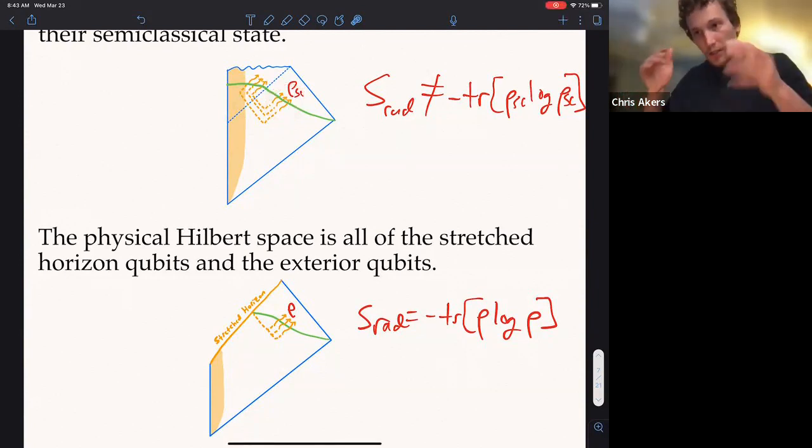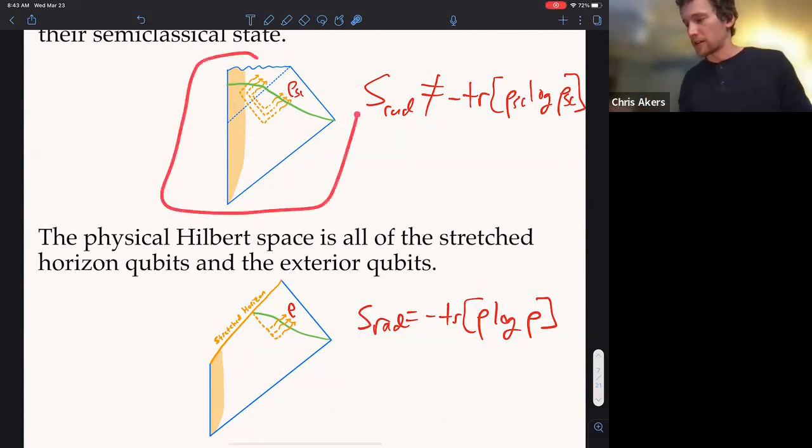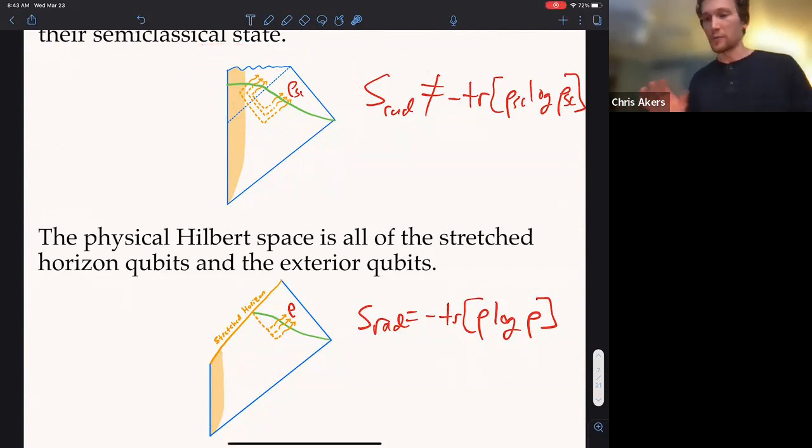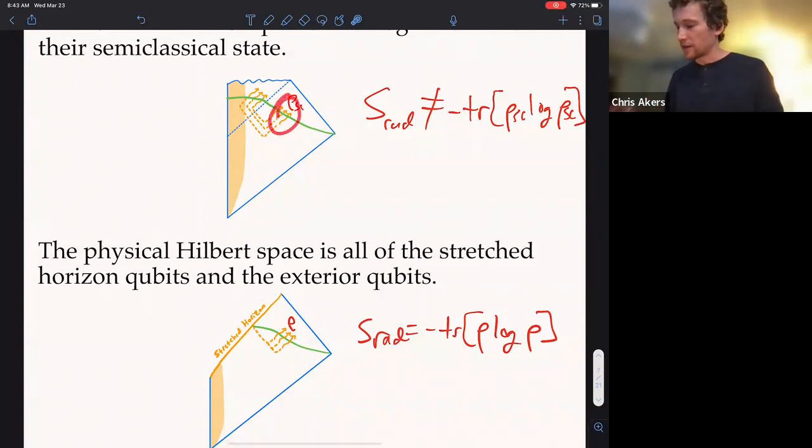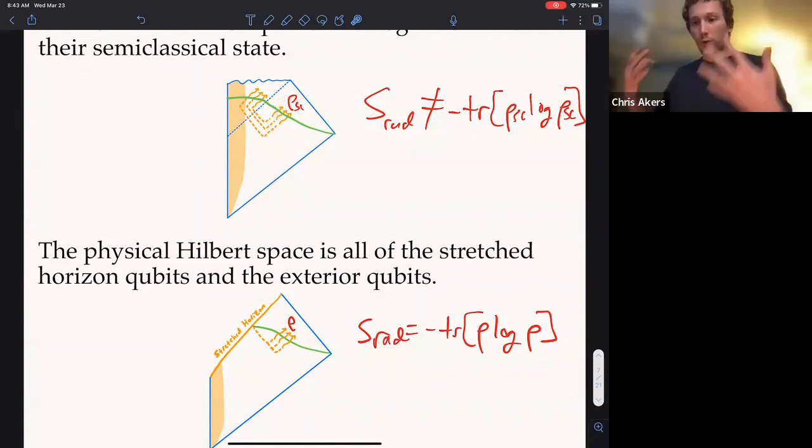All of those subtleties, though, are not present in what I'm calling the semiclassical description. This is the semiclassical description as Stephen Hawking would have written it down originally. That gives the wrong answer after the Page time. What was important was that even though this is naively giving you the wrong answer for the entropy of these guys outside, it is still useful.